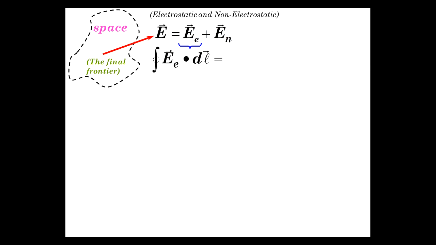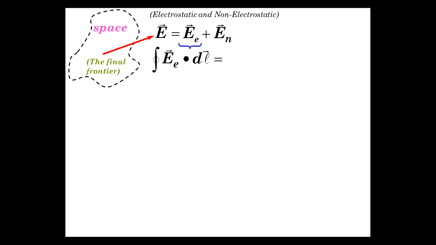And don't get tripped up with that pun. Now, the electric field vector can consist of the electrostatic E field and the non-electrostatic E field. They're both possible.